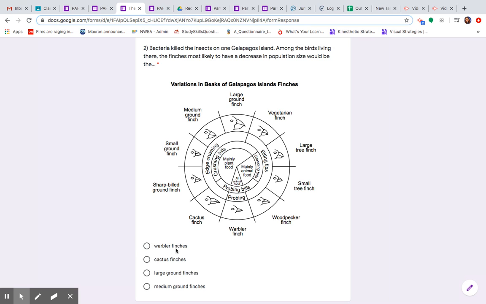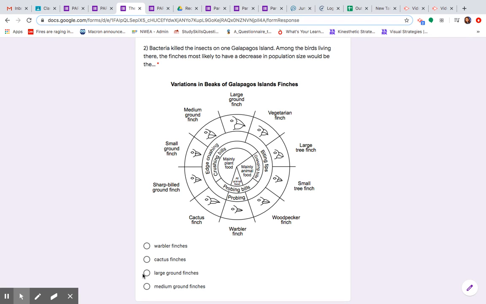Would it be 1, the warbler finches, 2, the cactus finches, 3, the large ground finches, or 4, the medium ground finches? Which type of finch would be the most affected by losing their food source, insects? All right, take a moment to select your answer.